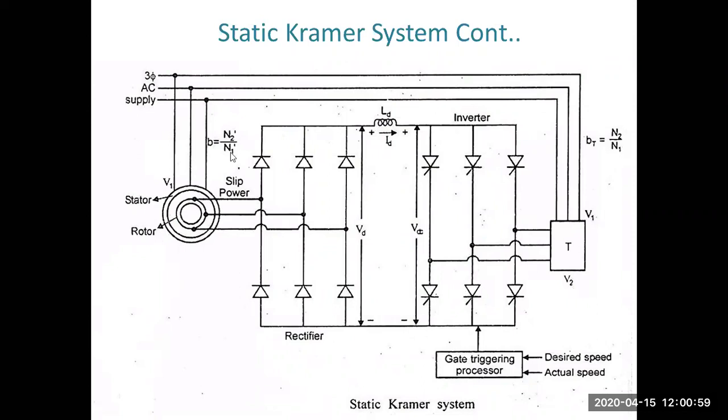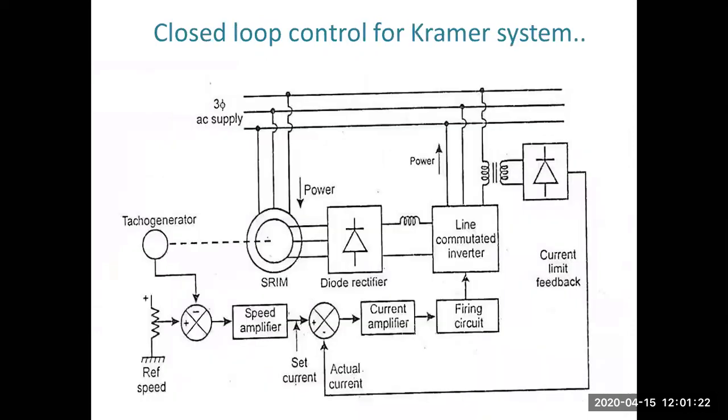One thing to be noted here: the turn ratio is N2 to N1 dash, and here we use N2 to N1 again. So this is stator to rotor side and then rotor to stator side. And this is the gate triggering processor which is used for controlling these rectifiers. So this is our static Kramer system.